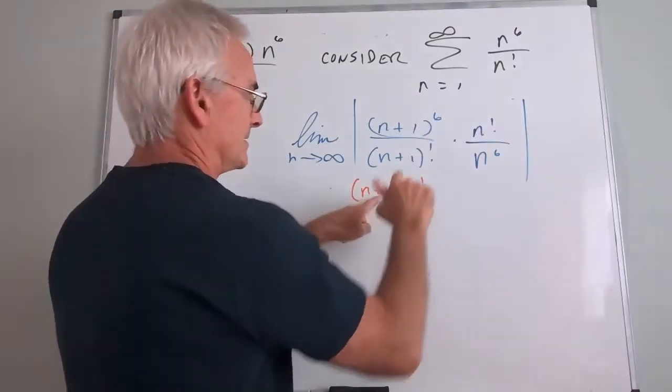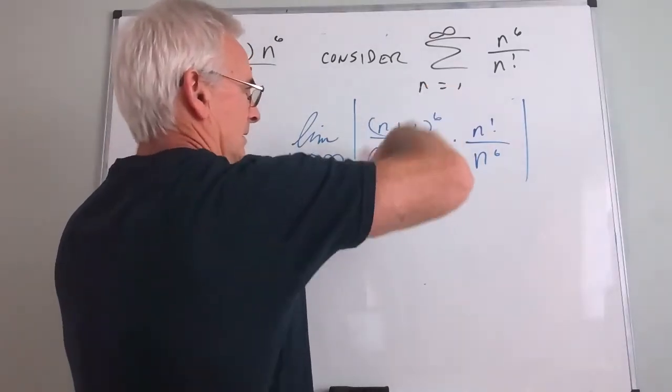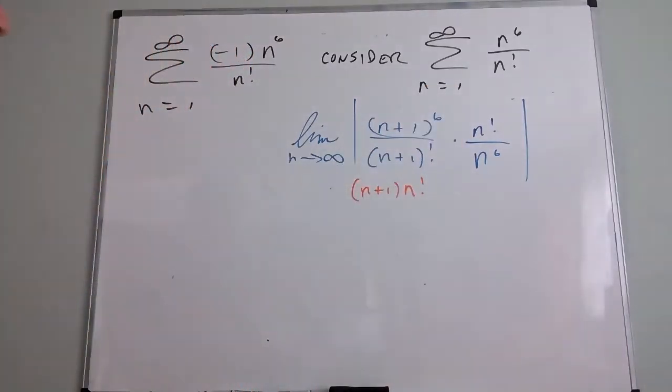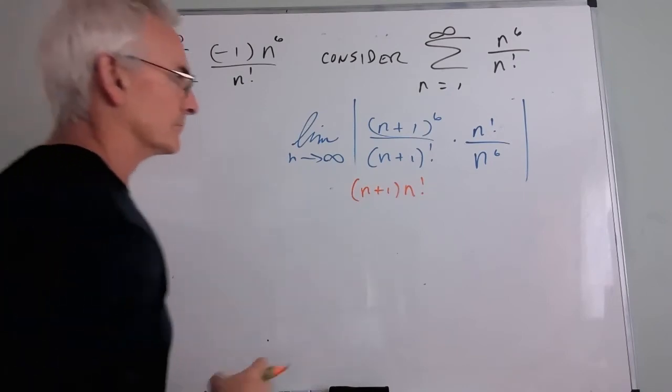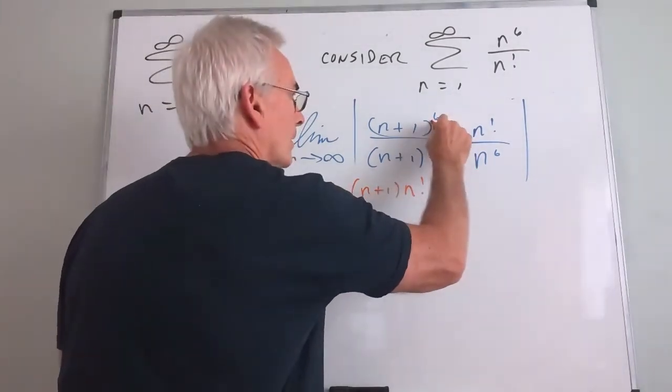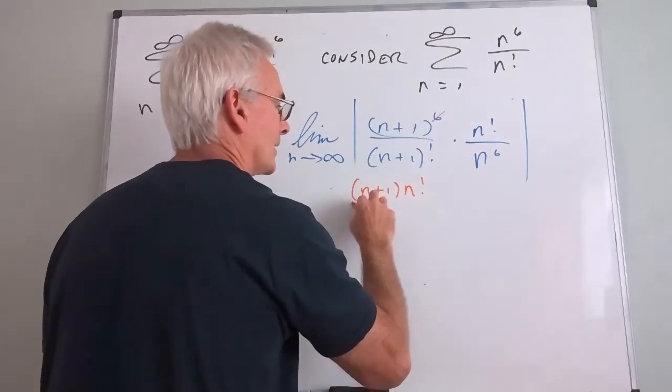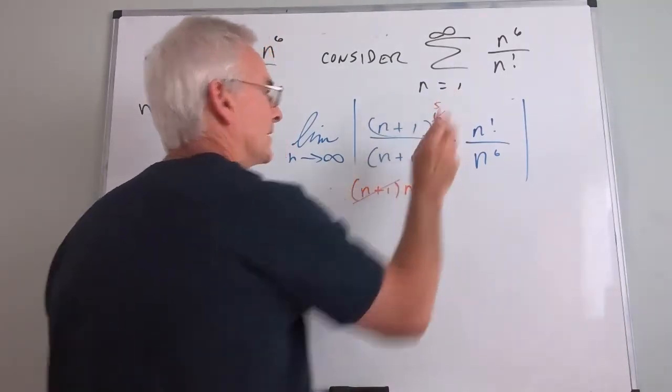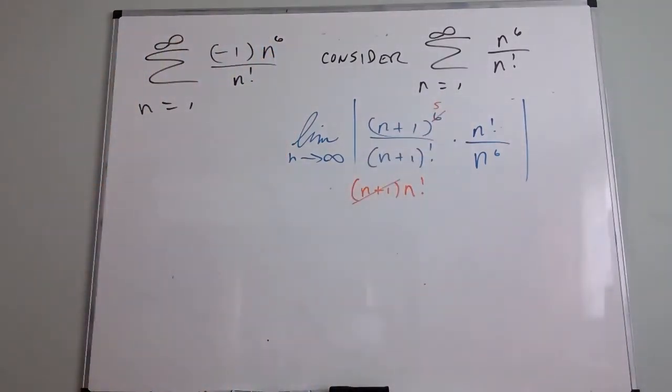Could I do anything with those if necessary? Well, (n plus 1) to the 6th over (n plus 1) could go like this and make that a 5th power. Is that legal? Yep. That might not be a bad idea.